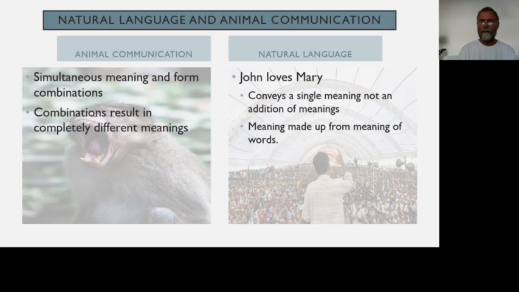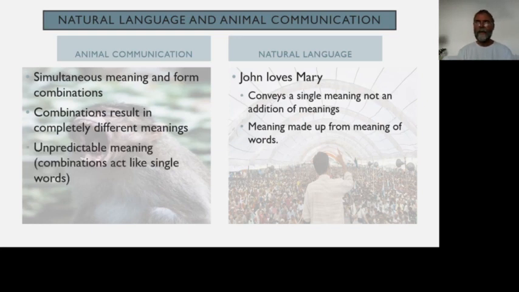With Campbell's monkeys, on the other hand, the relationship between the meaning of the component parts of these complex expressions and the meaning of the expression itself is not entirely straightforward. It's not clear how you get from a meaning of leopard to a meaning of a general disturbance by adding "oo" to the word meaning leopard. And then it's not clear how you get from the meaning of general disturbance plus the meaning of leopard to an expression which means there's a leopard nearby.